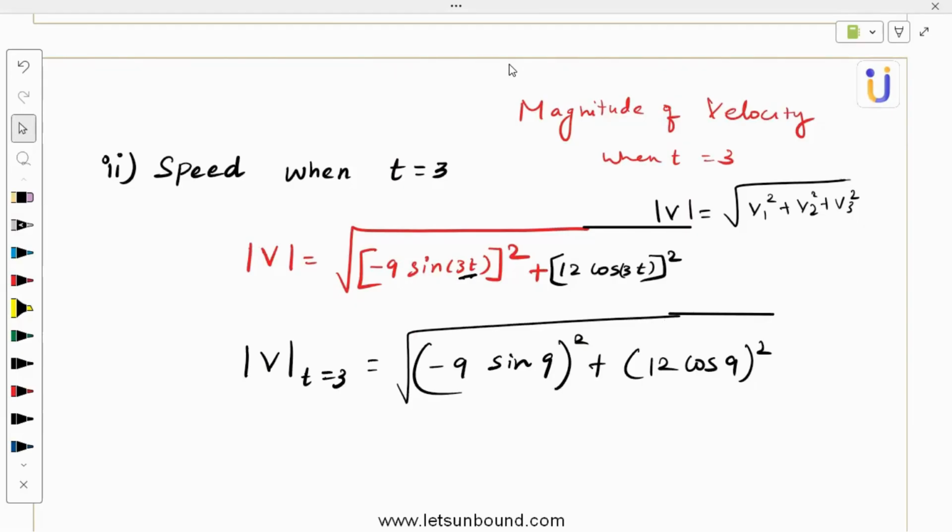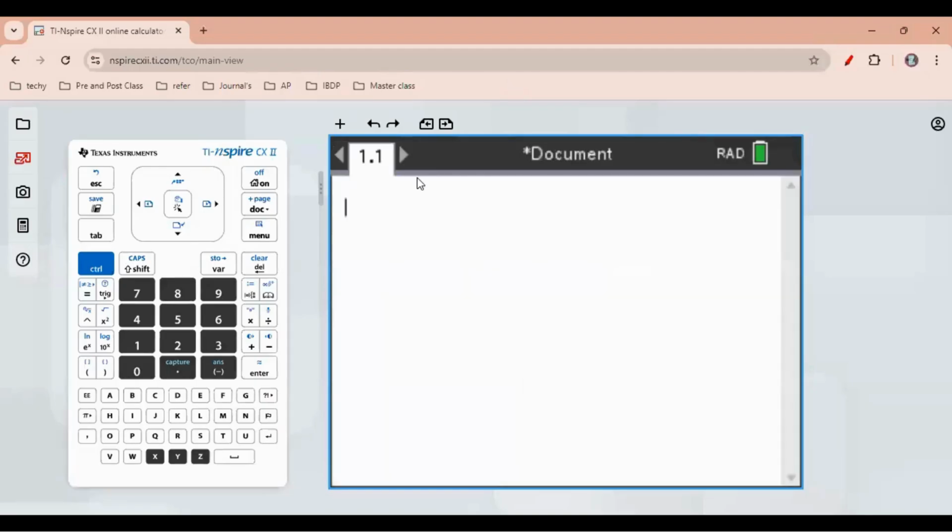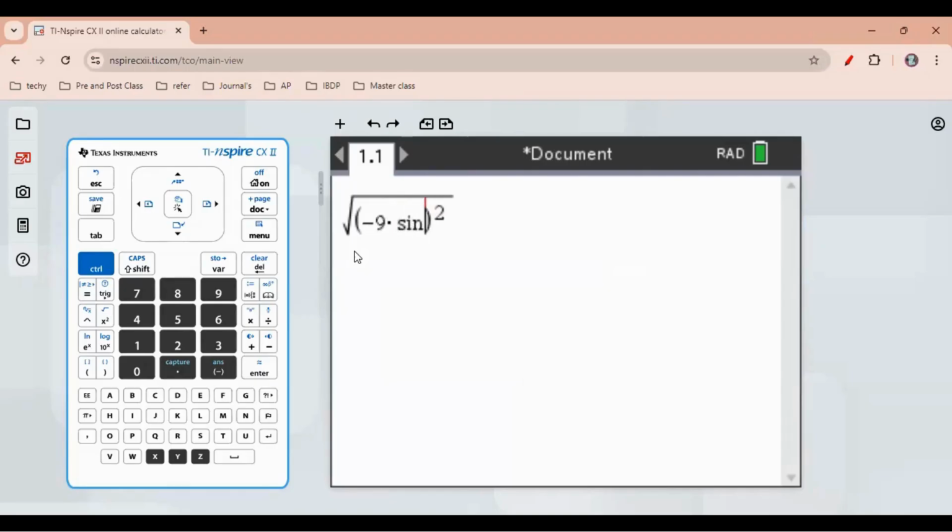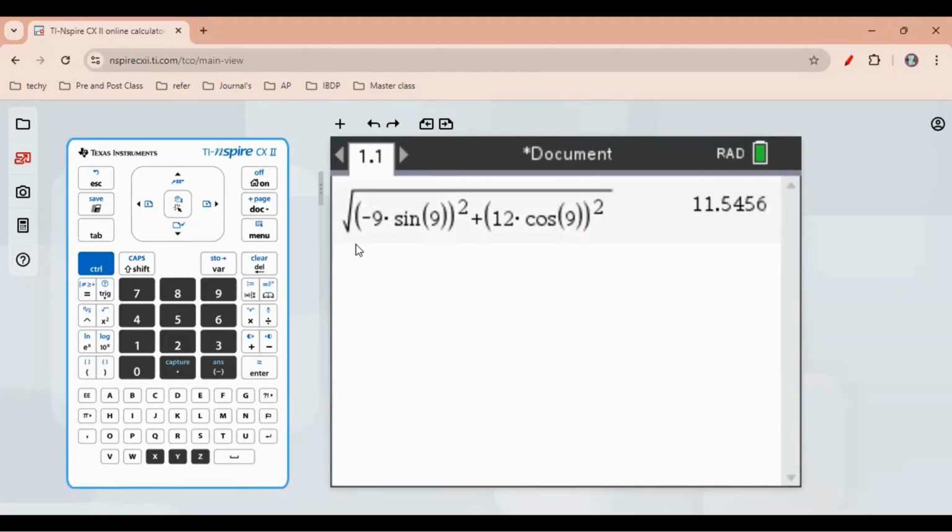Now moving to the calculator page. You take a normal calculator and plug it in. The square root of minus 9 times sine 9, the whole squared, plus 12 times cos 9, the whole squared.